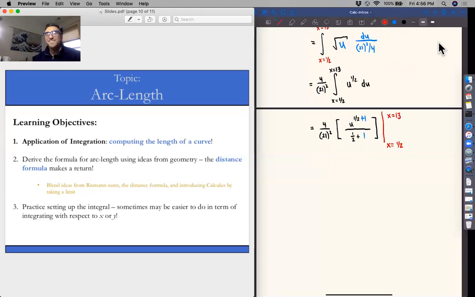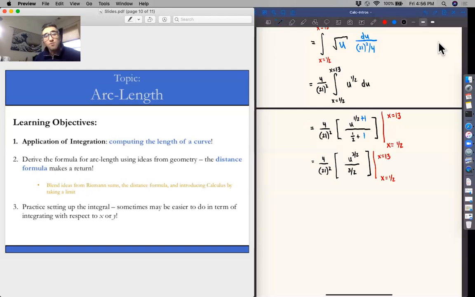Again, I'm emphasizing here that these integration bounds are with respect to x and not u. All right, so our antiderivative is u to the 3/2 all over 3/2. And again, we're going to evaluate this at x equals 1/2 and x equals 13.